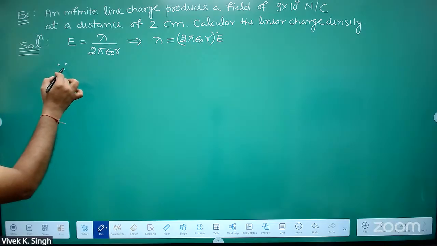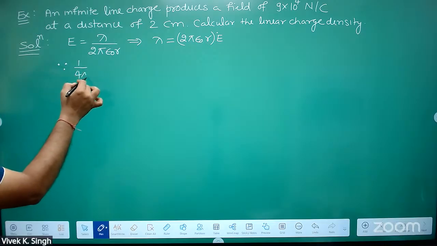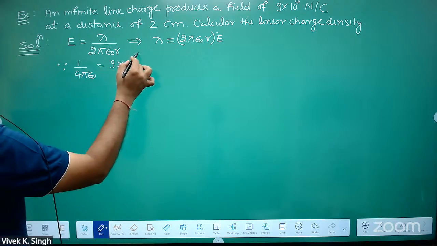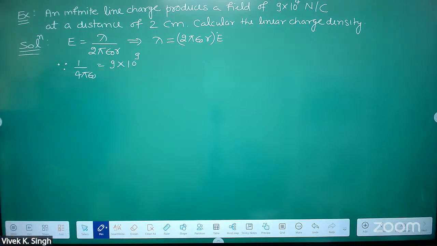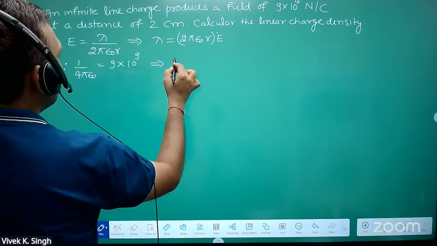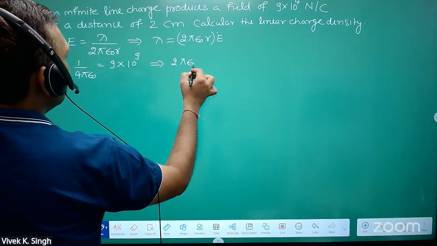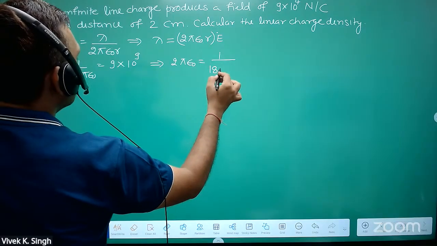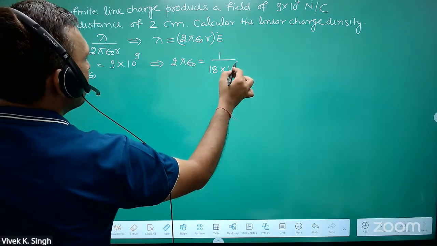Since 1 by 4 pi epsilon naught is 9 into 10 to power 9, 2 pi epsilon 0 is, this is 18 into 10 to power 9.